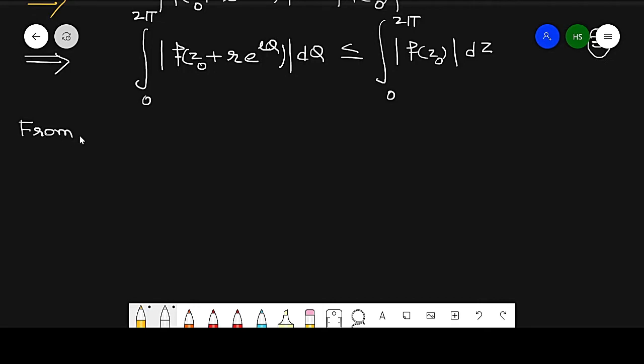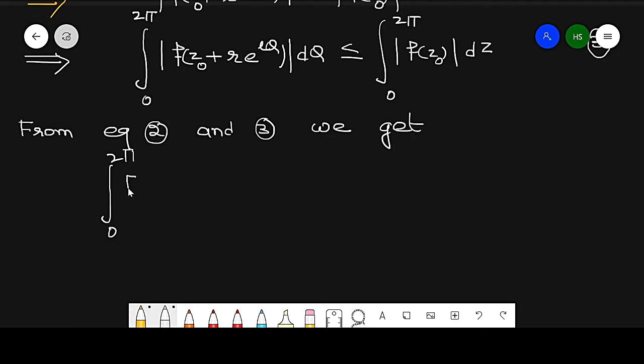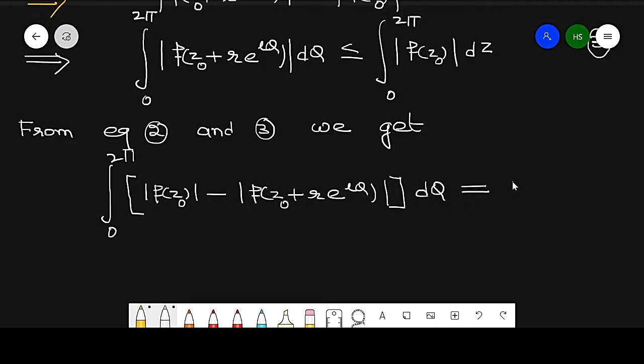We get integral from 0 to 2 pi of the bracket modulus of f(z naught) minus modulus of f(z naught plus r e raised to power i theta) d theta equal to 0.